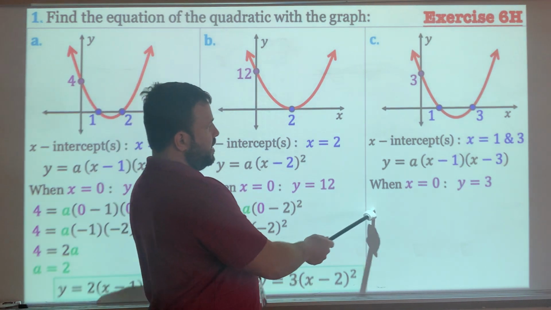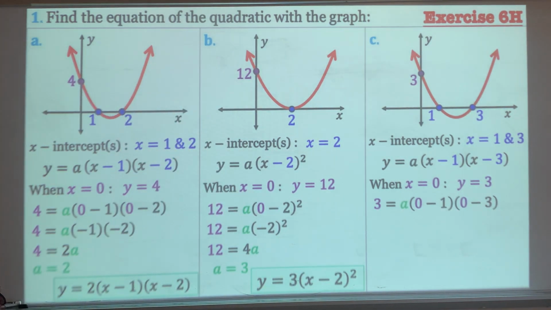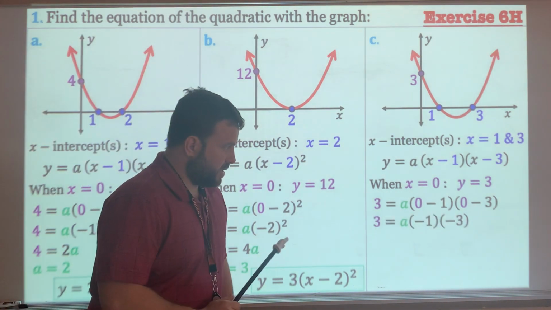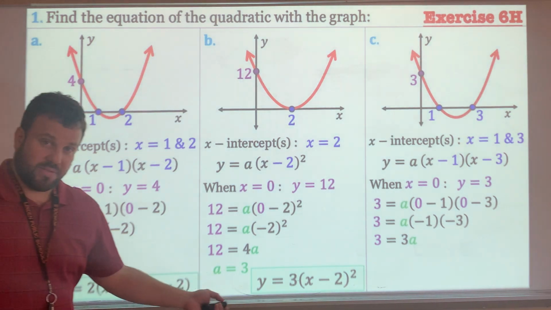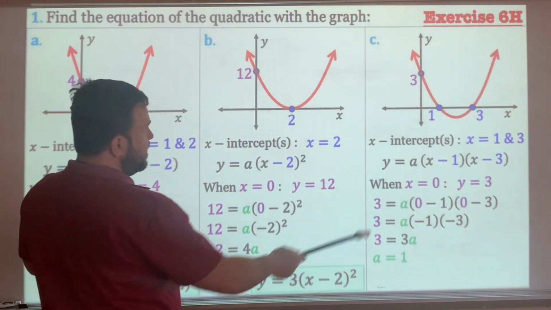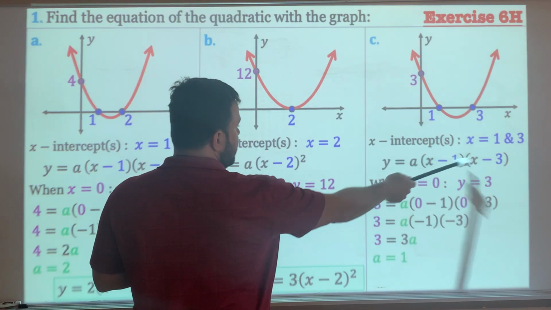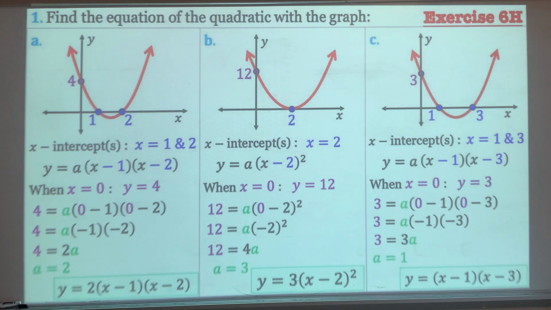All right, 3 equals a times 0 minus 1, 0 minus 3. 3 equals a times negative 1 times negative 3. 3 equals 3a. 3 divided by 3 is obviously 1, so a equals 1. All right? Since a equals 1, you don't even have to put it. 1 times anything is itself. So y equals x minus 1 times x minus 3. Nice and easy.